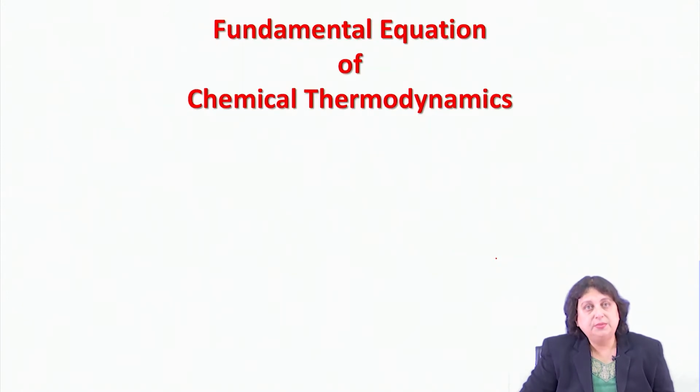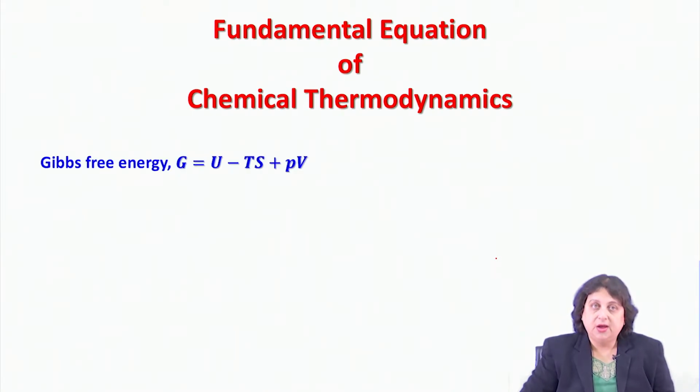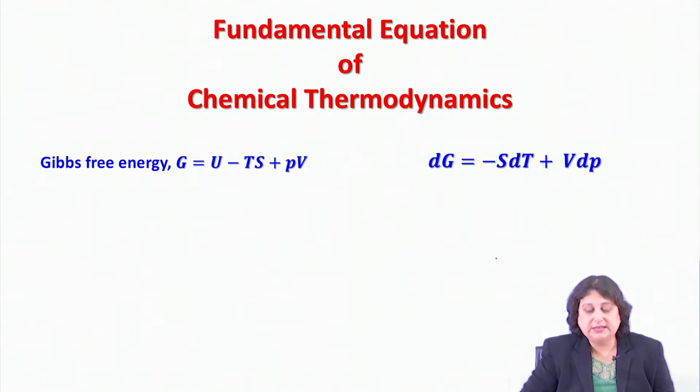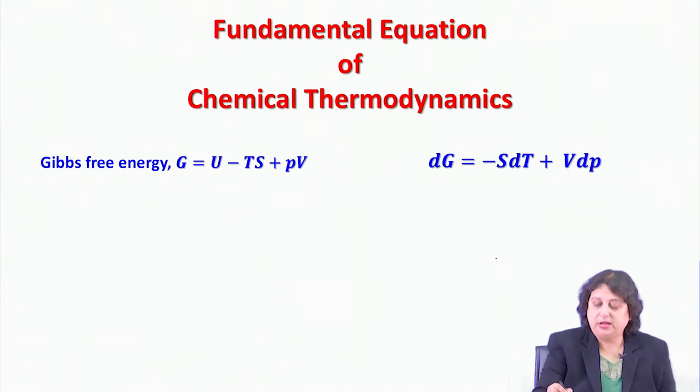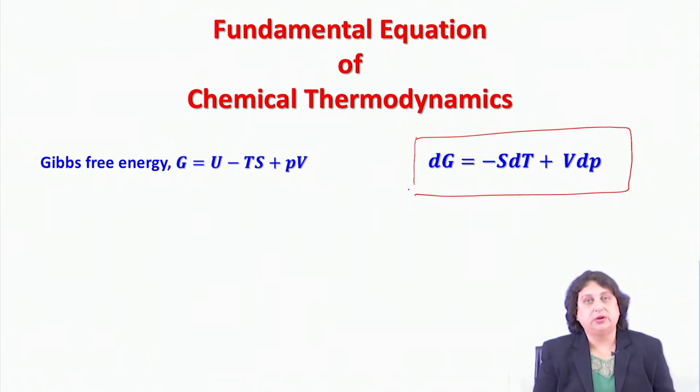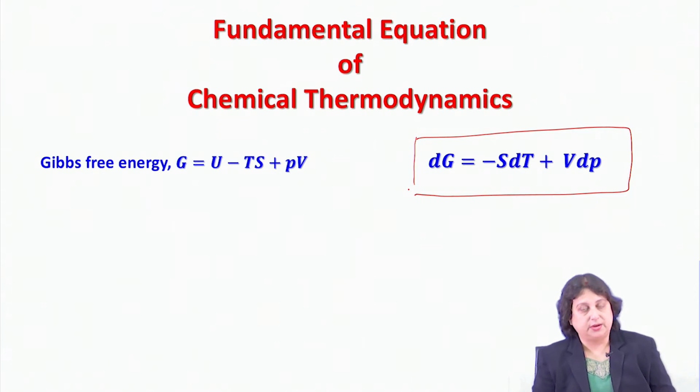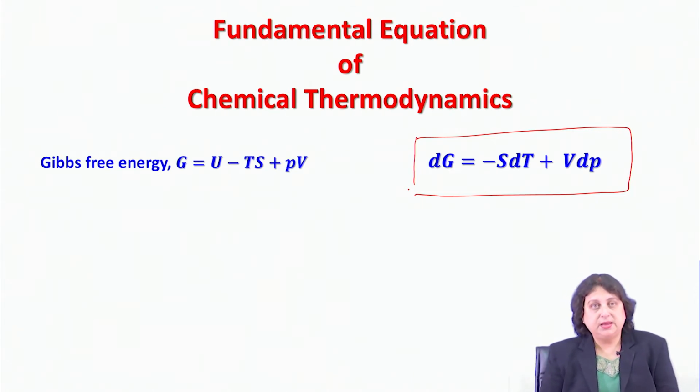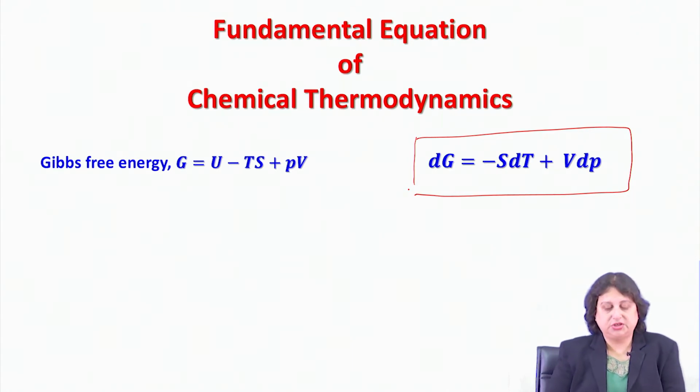So what I mean by the fundamental equation of chemical thermodynamics relies heavily on this definition of Gibbs free energy, and this particular equation is known as the fundamental equation of chemical thermodynamics. Now let me remind you how we obtained this relationship.